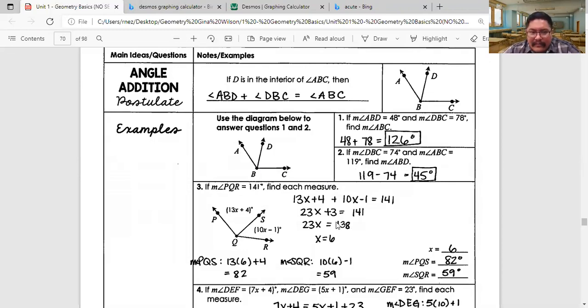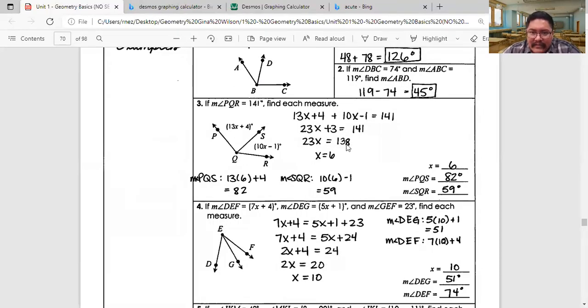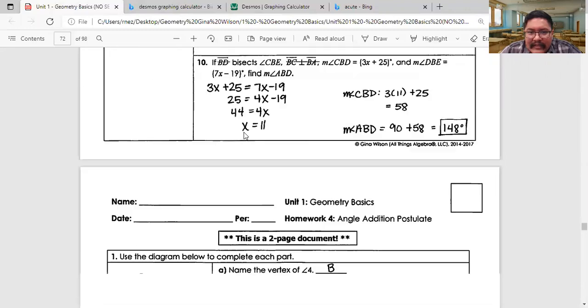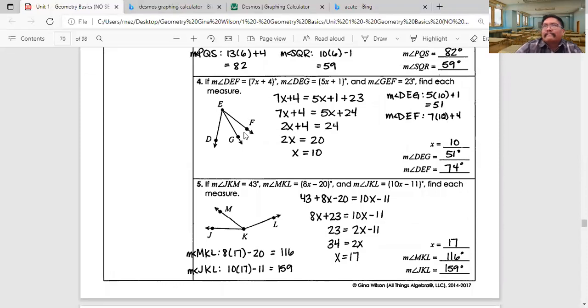All right, it looks like we're going to have a pretty complicated one here. And just in case, I'm going to not scroll all the way down. If PQR measure is 141 degrees, let's find each measure. I'm going to scroll down really quick just to see how many we have. And it looks like we actually have quite a bit. All right, we only have about 30 minutes to cover all this.